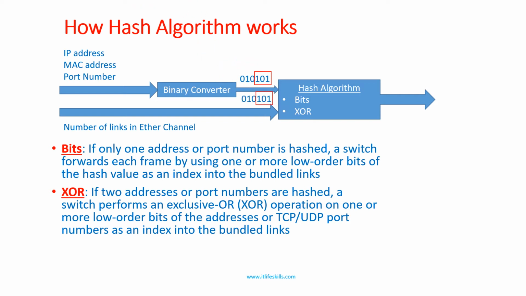So in this case, we pick the same random string and it will perform the XOR operation, 0 0 0. So link 0 will be used.